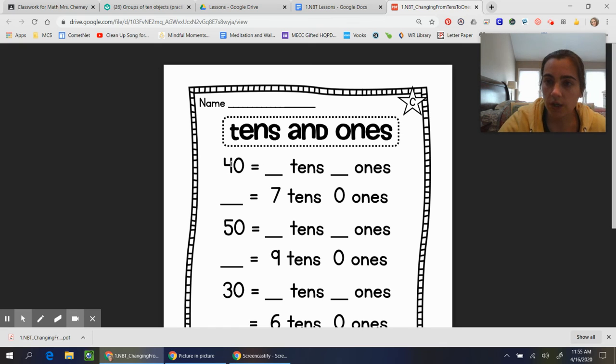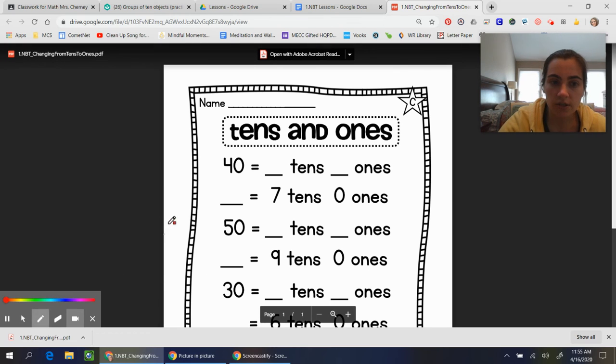You have 40. You could draw out 40 and you could see how many tens and how many ones that you have. So just as a quick example, 10, 20, 30, 40. How many groups of 10 do I have? 4 groups of 10. I can see them. How many ones do I have? Oh, I have none. I didn't draw any ones.